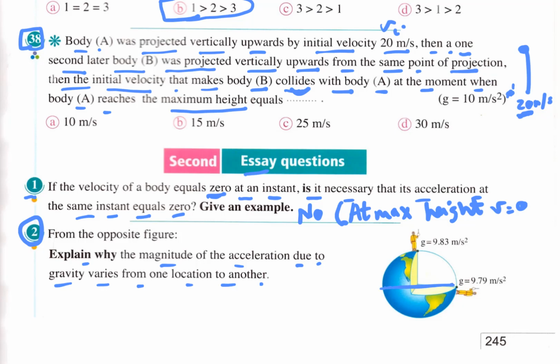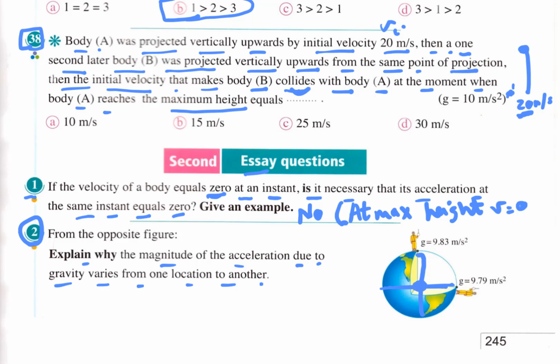The diameter is bigger than the polar diameter. So the acceleration depends on the distance from the center of the sphere.